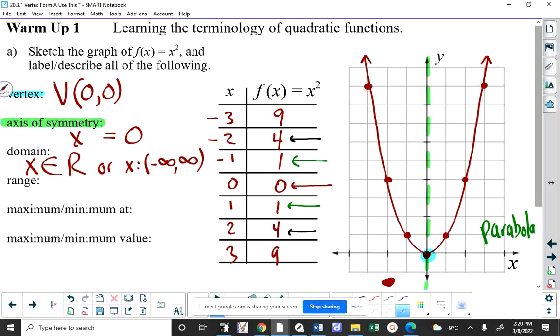Now, what is the range? Well, the range are all of the values of y, but if you take a look at it, this is my eyeball. When I put my eye at y equals 0, I can see the graph. And when I put my eye above y equals 0, I can see the graph.